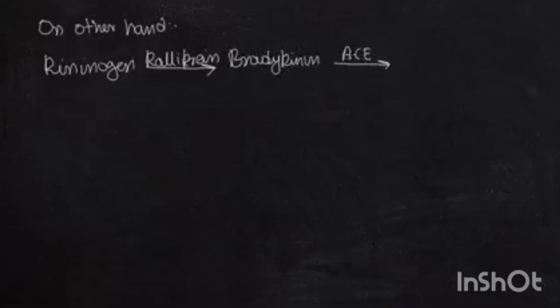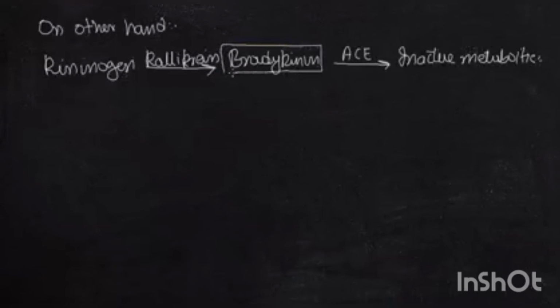On the other hand, there is another pathway which is governed by the angiotensin converting enzyme, known as the kallikrein-kinin system. Kininogen is a protein which is taken up by kallikrein and converted into bradykinin. Upon bradykinin, ACE acts and converts it into an inactive metabolite.